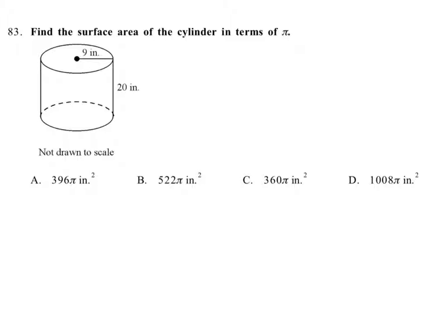We're going to use the same formula that we did on the last one, which is to find the lateral area. We're going to do the circumference, 2 pi r, times the height. We're going to add to that 2 times the formula for area of a circle, because we have two circles, one on top, one on bottom, and that is pi times the radius squared.